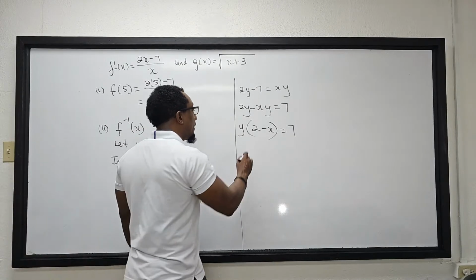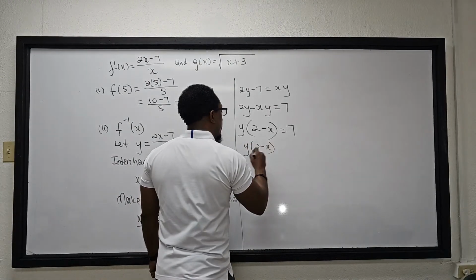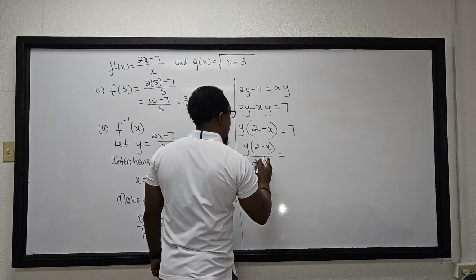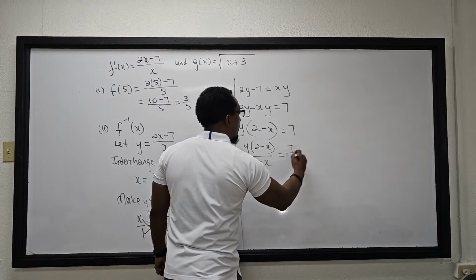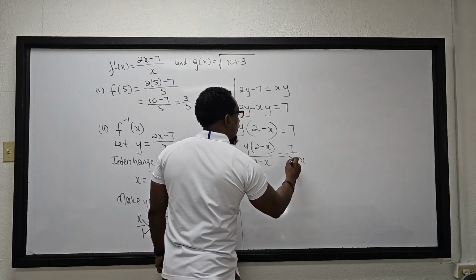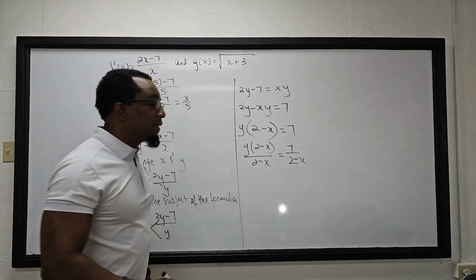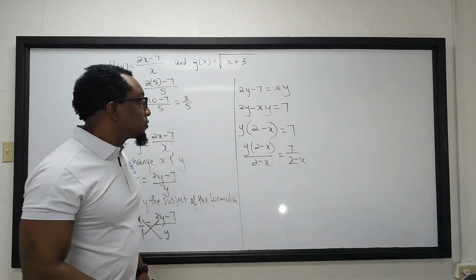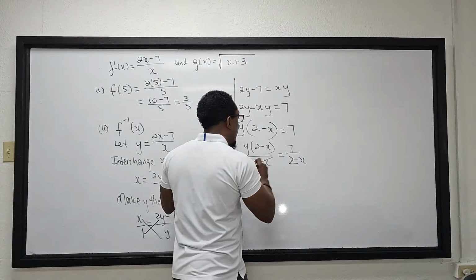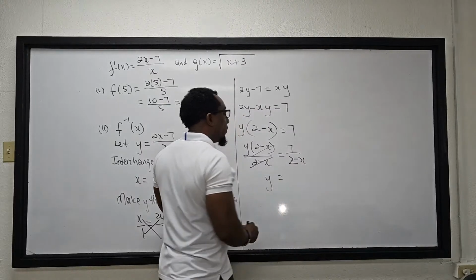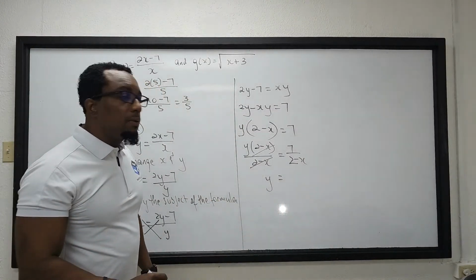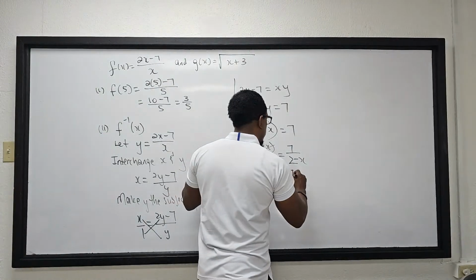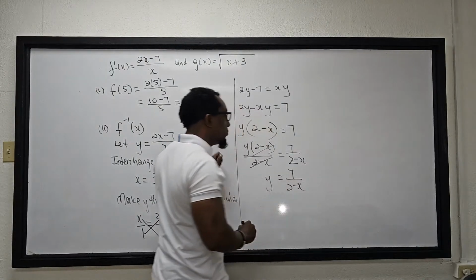So by dividing both sides by 2 subtract x. What I do to one side, I do to the other. So my 2 subtract x will divide into each other to give me 1. Y stands alone, and this is equal to 7 over 2 subtract x.